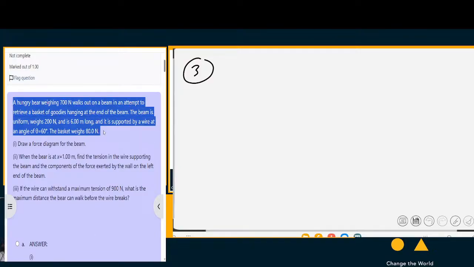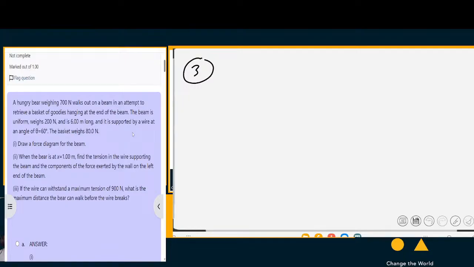Okay, so let's look at all the info given. Doesn't look like there is a drawing to support this question. Okay, so we'll need to draw it for ourselves. Oh, it shows, let me see, 12.4.